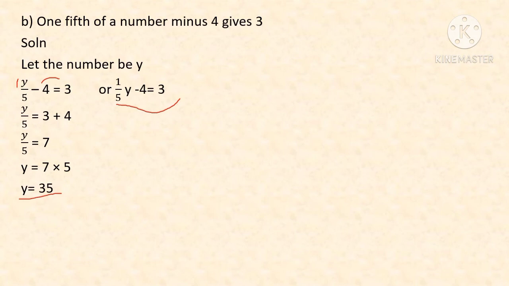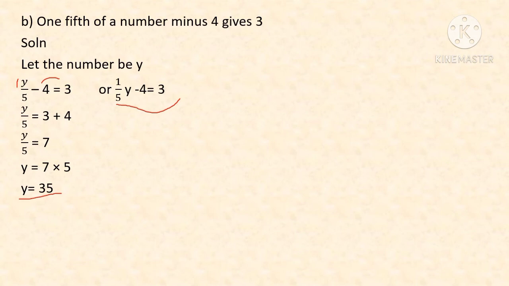Understood, children? I'll repeat one more time. 1 by 5 of a number minus 4 gives 3. So 1 by 5, 1 into y. That number unknown, we are taking it as y. So y by 5 minus 4 equal to 3. So bring this constant term to the right hand side. So minus 4 becomes plus 4.